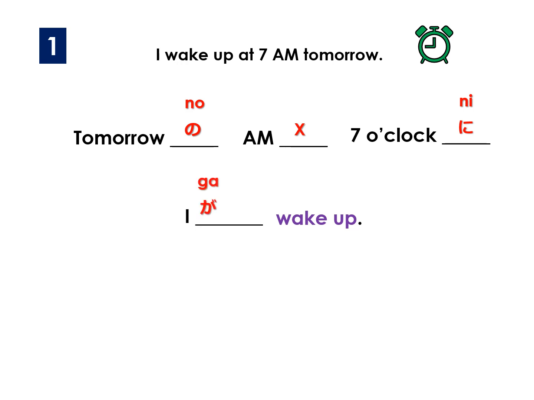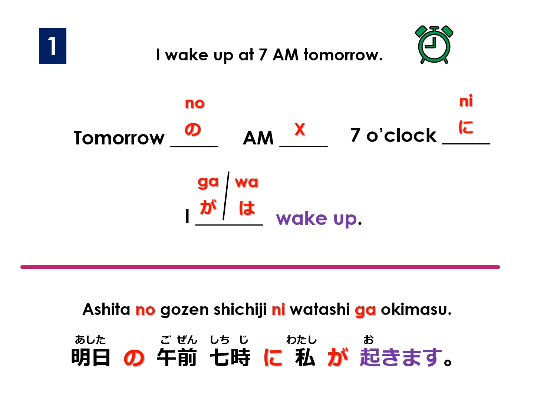And I either becomes the subject taking the particle ga, or it becomes the topic taking the particle wa. And in Japanese, 明日の午前7時に私が or は起きます。The point here is that there are often several combinations of particles that could be used without changing the meaning of the sentence, and some of these require a different way of thinking when it comes to using particles.